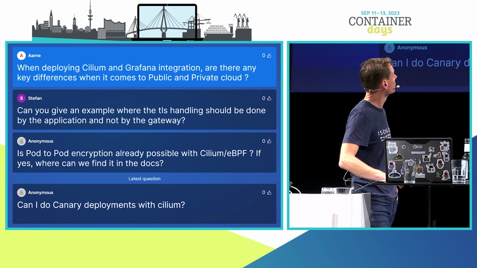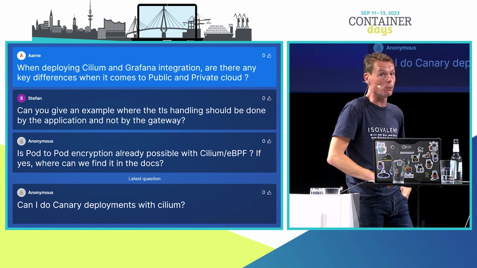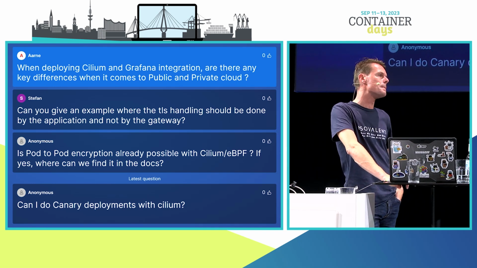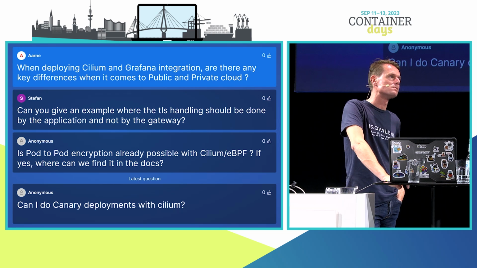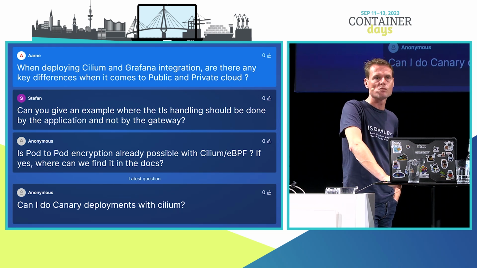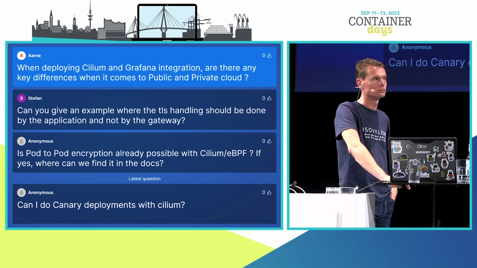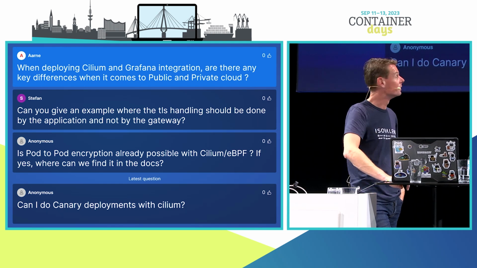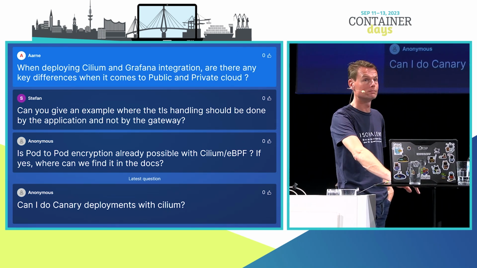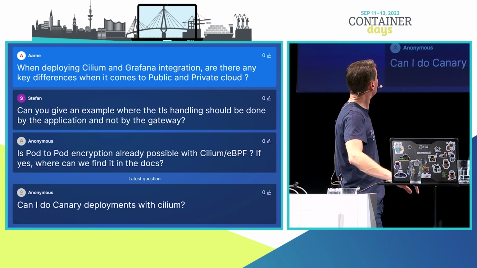I'm not sure how to answer this, but it works in both. It will depend on the Grafana deployment. Do we have the one who asked this question here physically? No. It just forwards traffic using Prometheus to Grafana, so it should be fine.